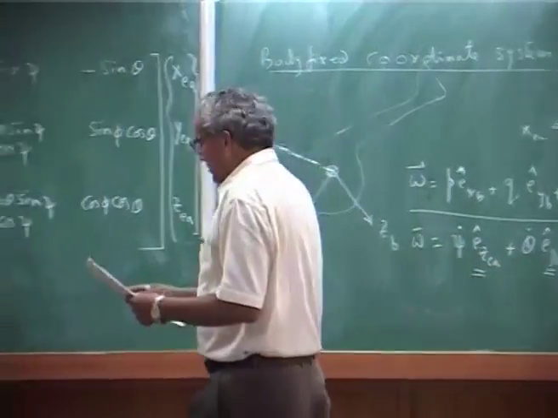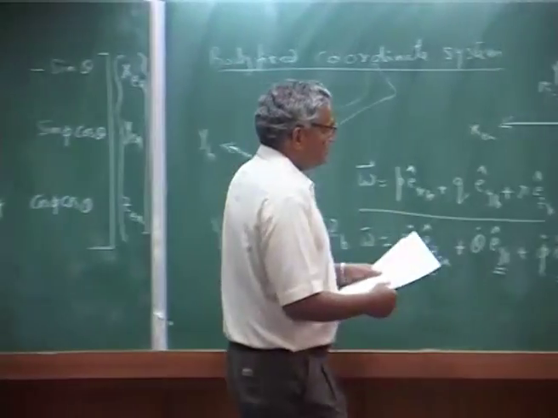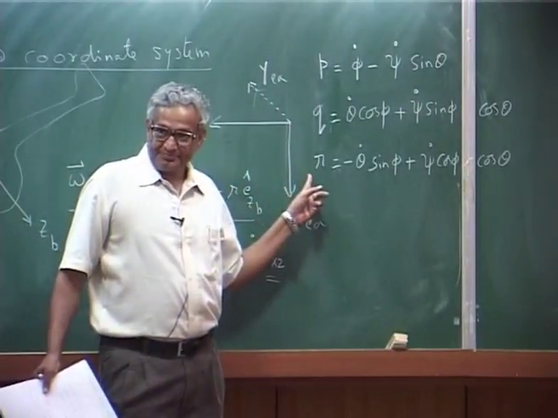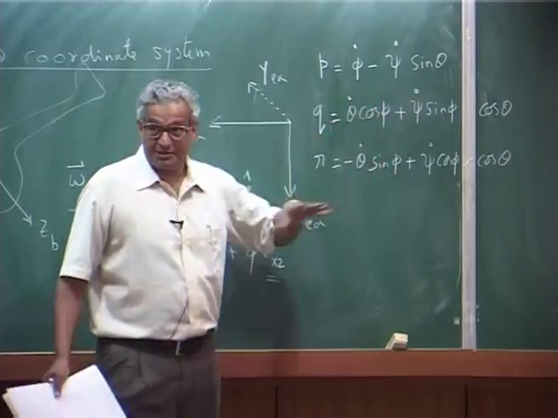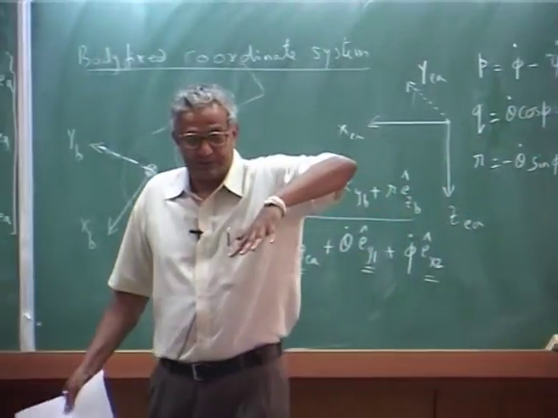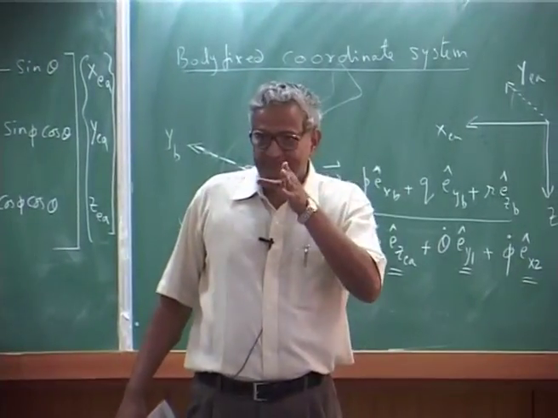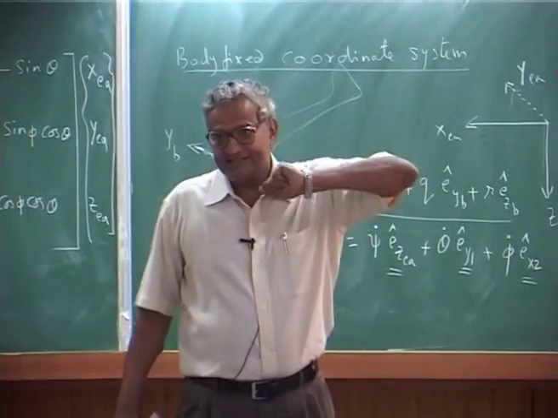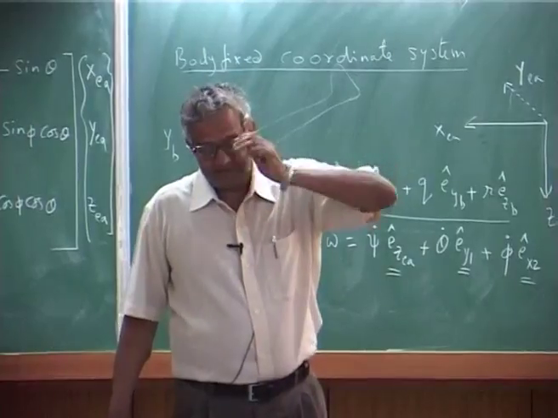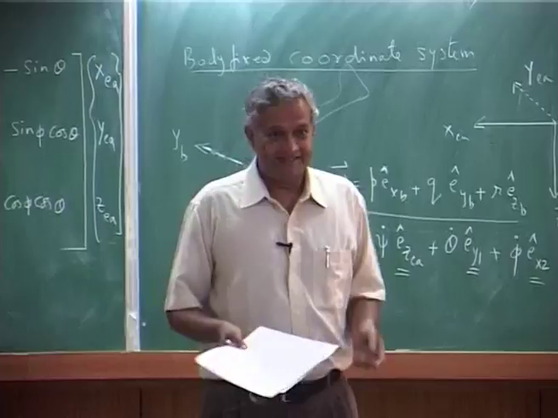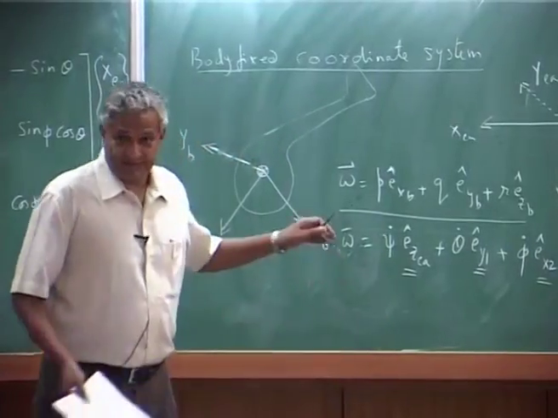So, now you have a relationship between instantaneous angular velocity and orientation of the vehicle, because the orientation of the vehicle can be in any orientation with respect to earth axis. You always want to know what orientation it is in. So, particularly if you are designing any autonomous vehicle, you have to know all this and the estimation of this.